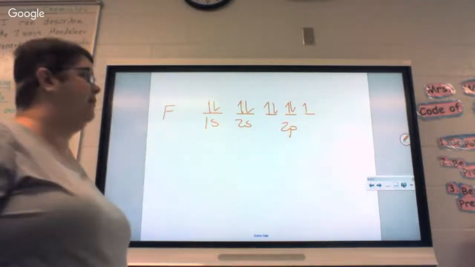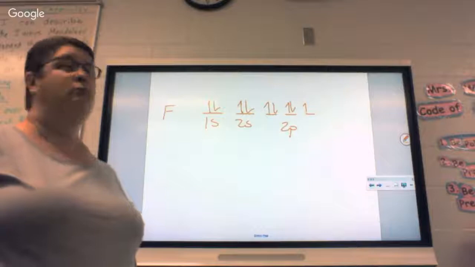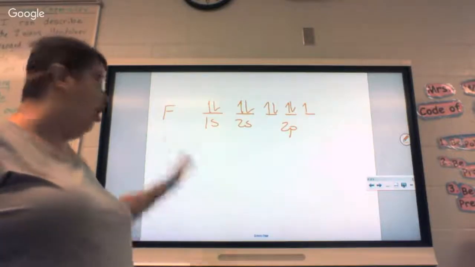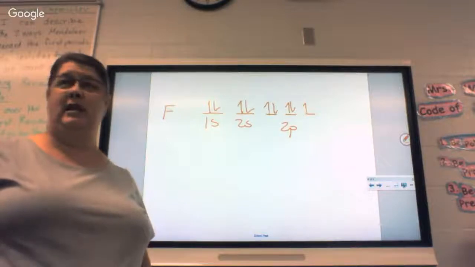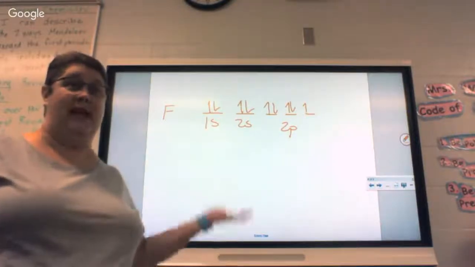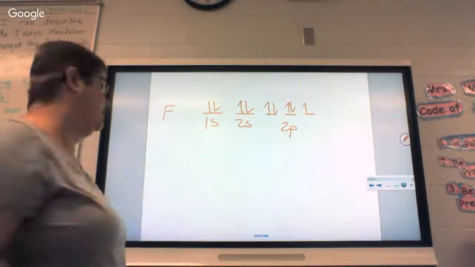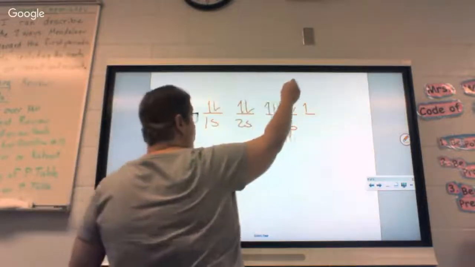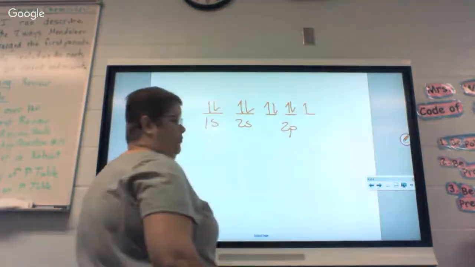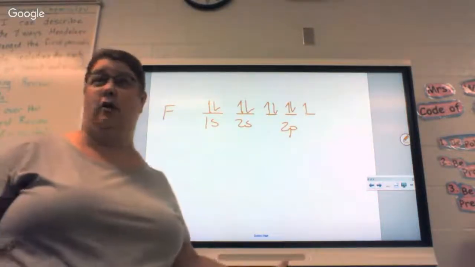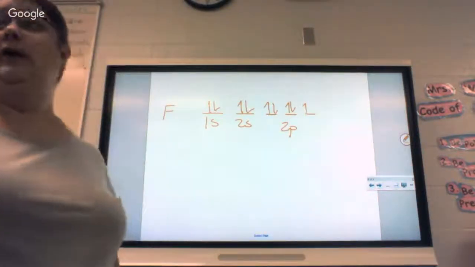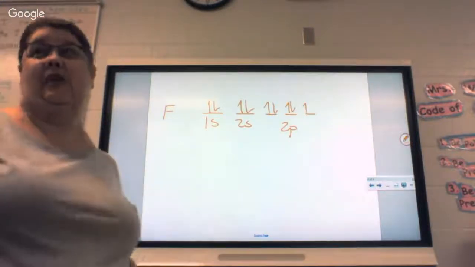Now, how many orbitals have electrons in them? Because all 5 lines have what on them? It says orbitals that contain electrons. So how many orbitals contain electrons? All 5 contain electrons. It doesn't say full. It doesn't say half full. It just says contain electrons.